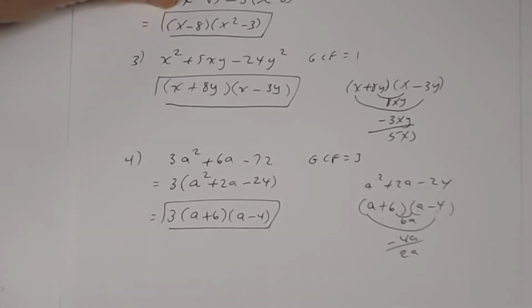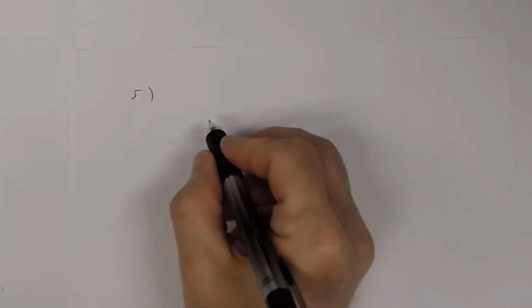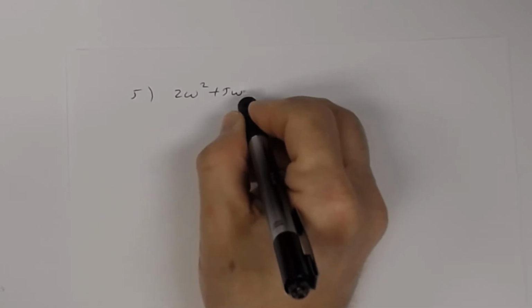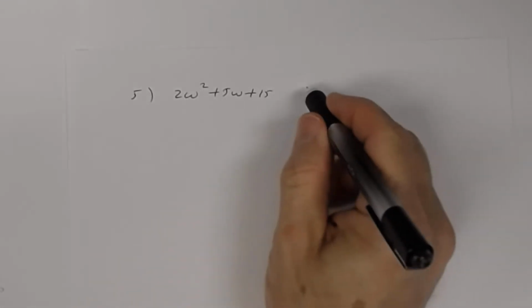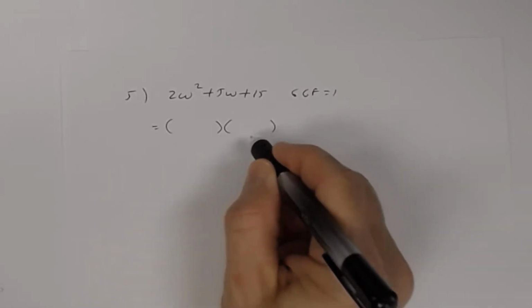All right, number 5. So let's do number 5. Number 5, we have 2w squared plus 5w plus 15. All right, so the GCF is 1. So let's go ahead and do the two binomials and see what we get.